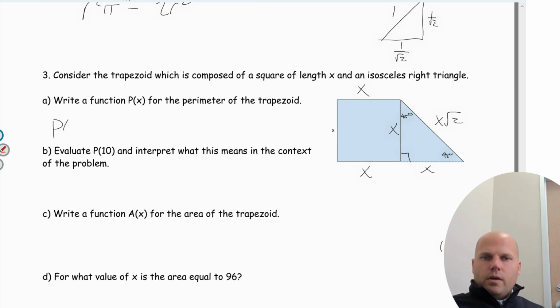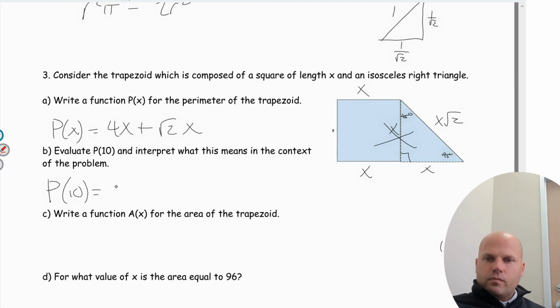So the perimeter is 1, 2, 3, 4 of my x's plus an x root 2. I'm not including that in the perimeter. So I have 4 x's plus an x root 2. If x was 10, that's the perimeter when x is 10.